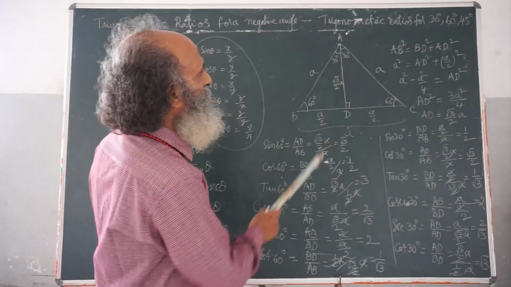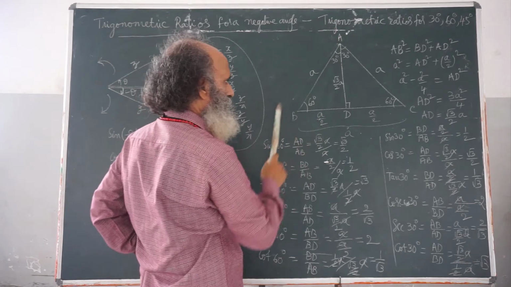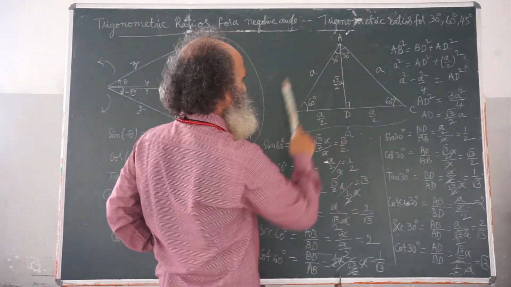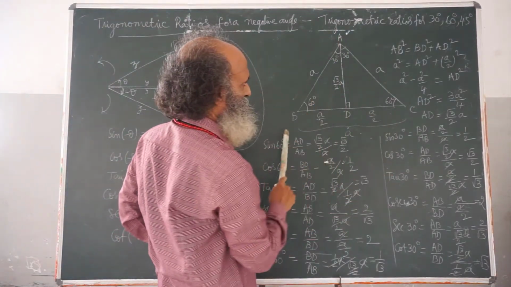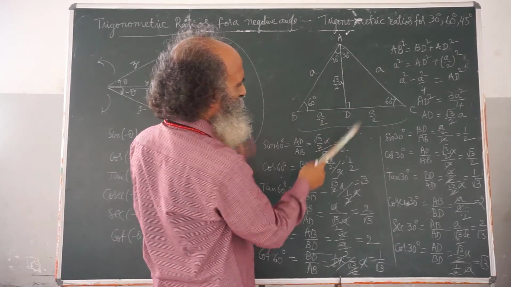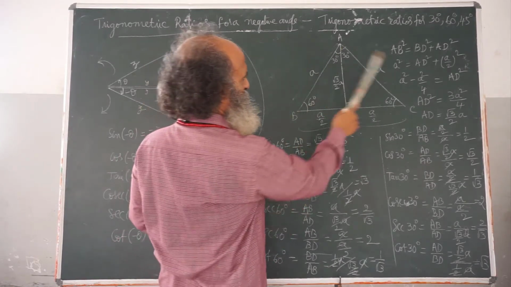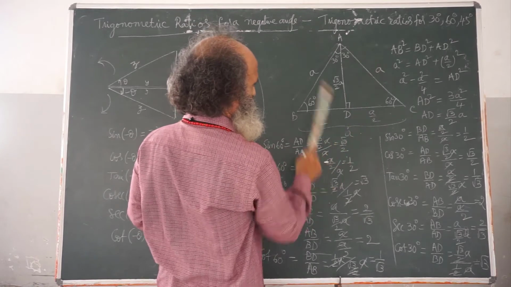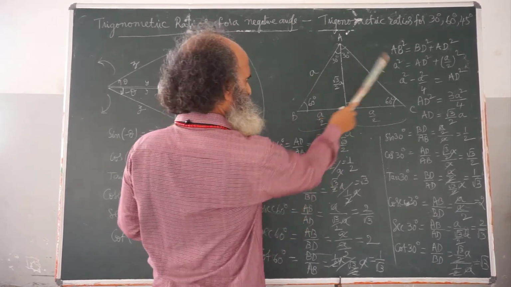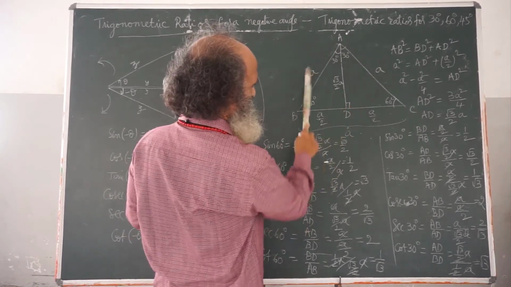Therefore, I am taking an equilateral triangle. ABC is an equilateral triangle of side A, which can be any number.